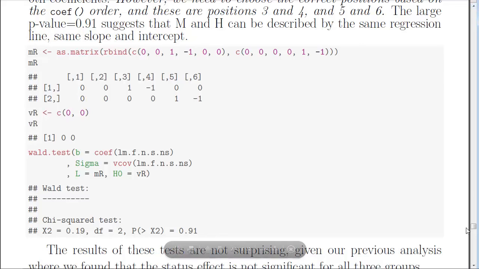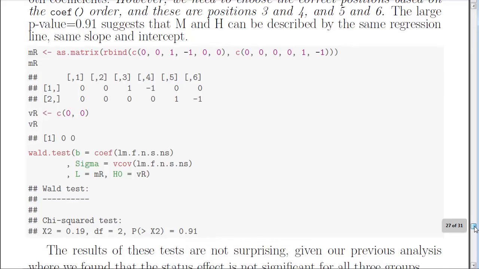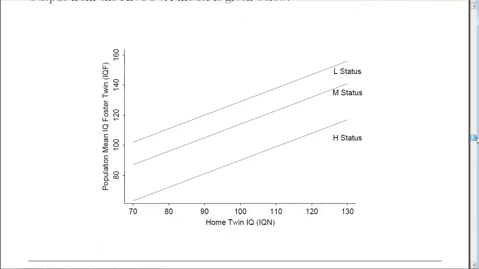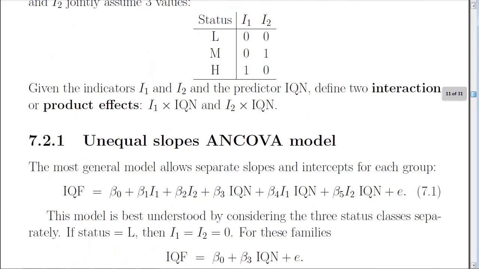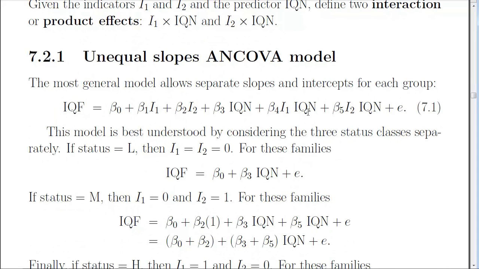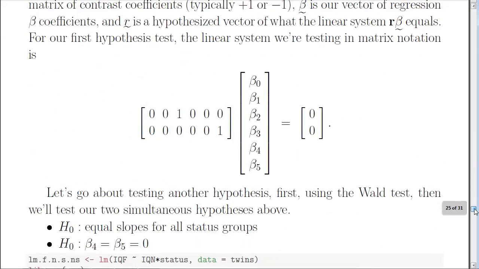Basically, the main ideas in this chapter, I believe, if I just give a quick summary right here in the middle, are understanding how to use indicator variables to parameterize a model with different intercepts and different slopes, and then being able to appropriately use something like the Wald test to perform hypothesis tests within that regression model framework.